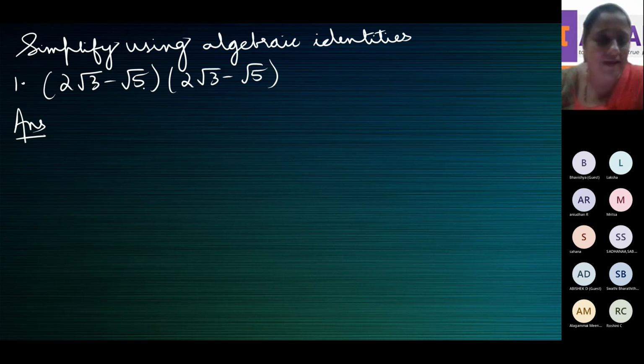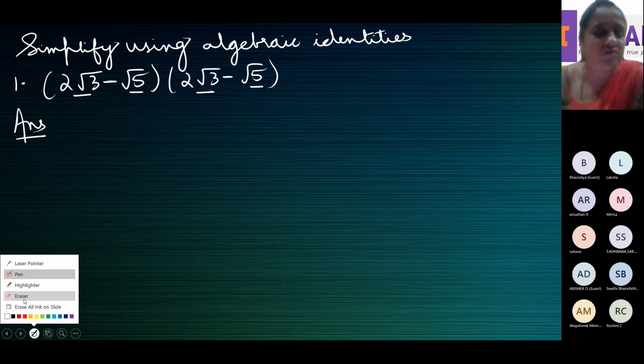You're multiplying the same thing 2 times. It's like a minus b into a minus b. Yes or no?